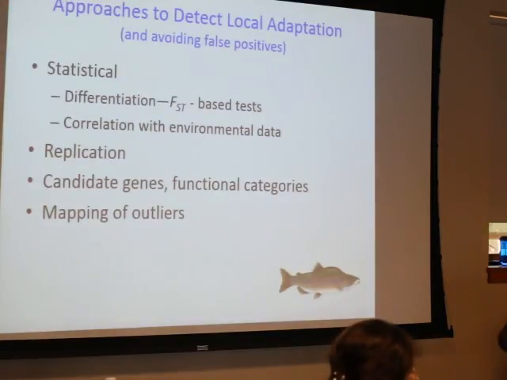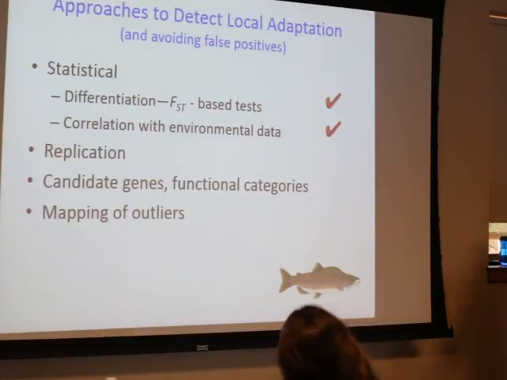Okay, so here we are, and we can start thinking about when you go in your study. Can you do differentiation tests? Do you have some correlation in the environment? Can you do replication? Do you have some candidate genes, or can you align, and can you annotate, and can you map your outliers?